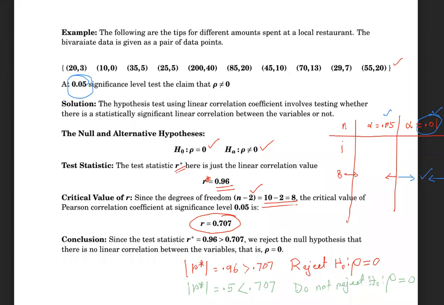Can you find that value and compare it against this to reject or not reject the null hypothesis at the 0.01 significance level? At the 0.01 significance level, would you reject the null hypothesis or wouldn't you? Can you find that value and help me out, please?